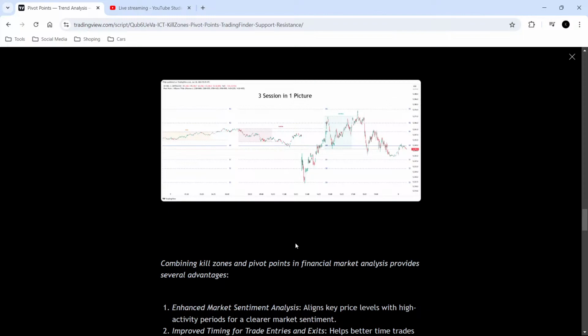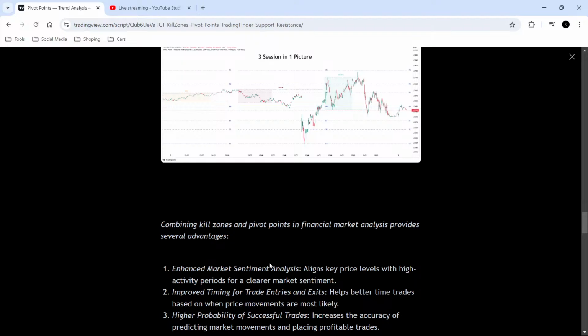Combining kill zones and pivot points in financial market analysis provides several advantages. Enhanced market sentiment analysis aligns key price levels with high activity periods for clear market sentiment.